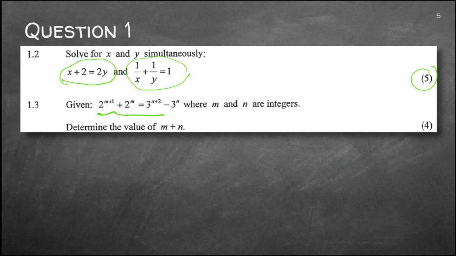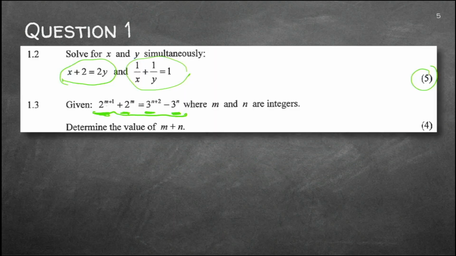Given this equation where m and n are integers, determine the value of m plus n. Now, very important, I'm immediately seeing similar bases on both sides, but not the same bases when I compare the sides. So what can I do? Let's quickly get started.